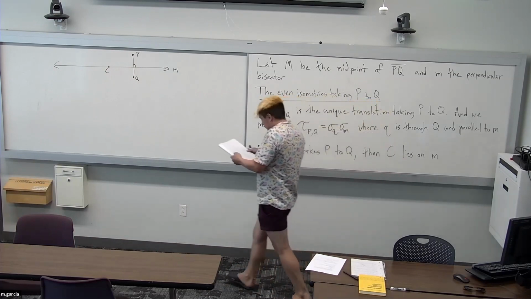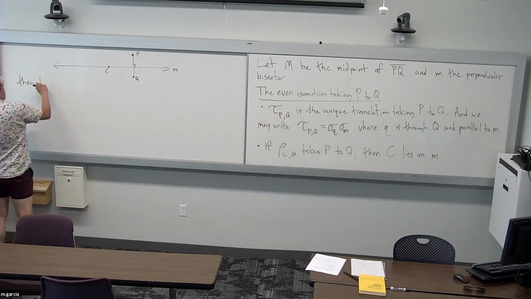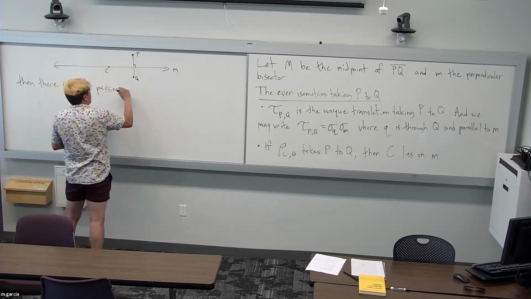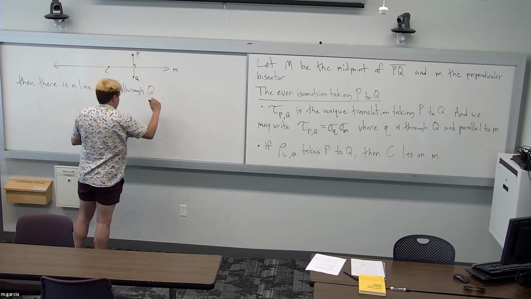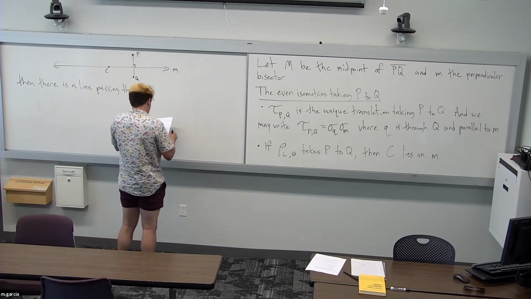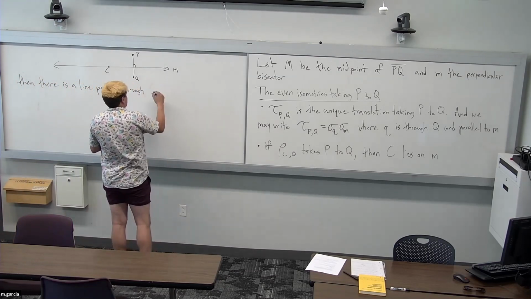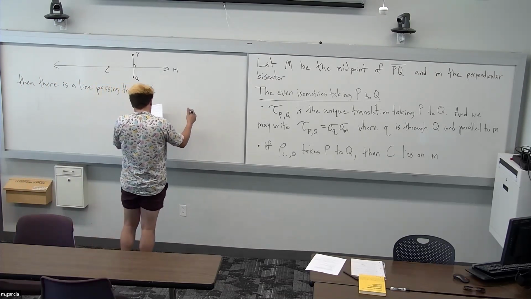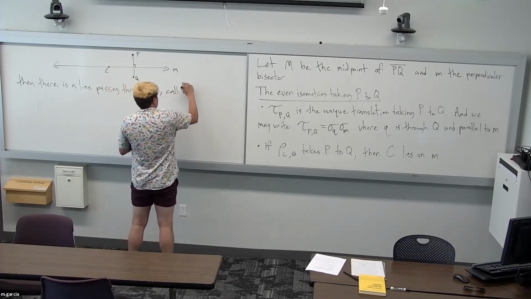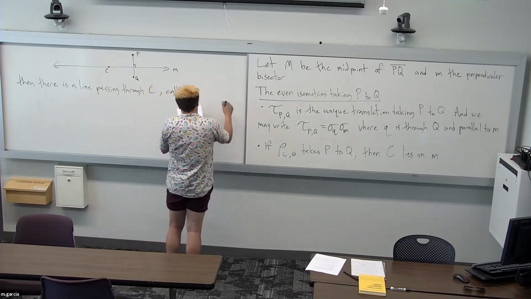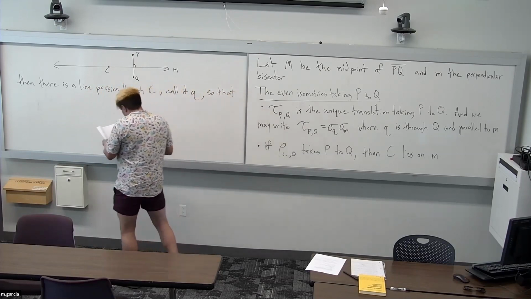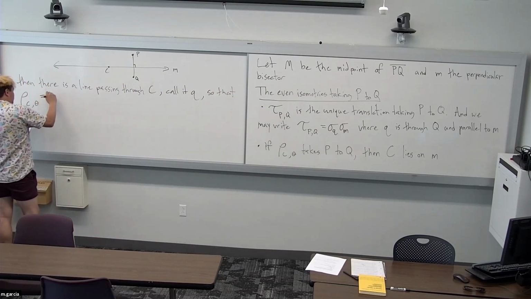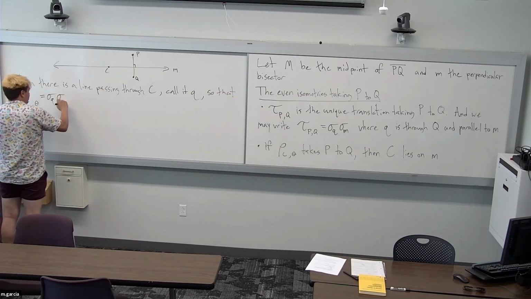So then we know there is a line passing through C. And we'll show it passing through Q. Call it Q. So that our rotation is equal to sigma sub q times sigma sub m.